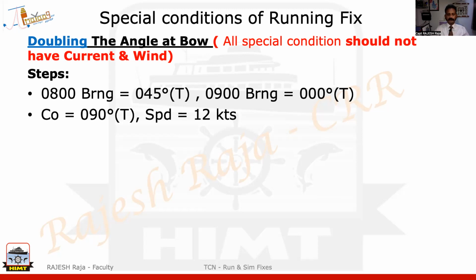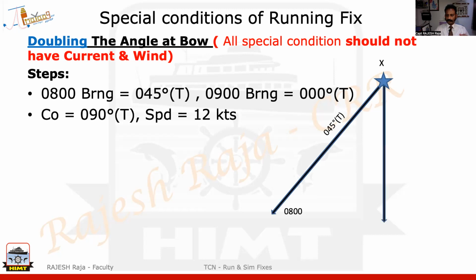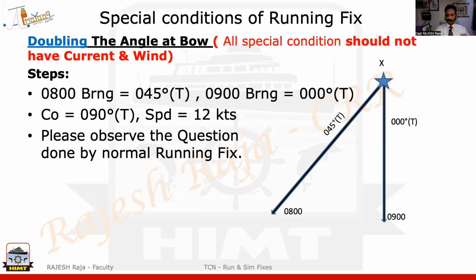I would have taken the lighthouse, plotted the first bearing at 8 o'clock, and plotted the second bearing at, sorry, 9 o'clock. I'm going to solve this question by a simple running fix. I would have assumed a position Alpha on the first bearing anywhere.